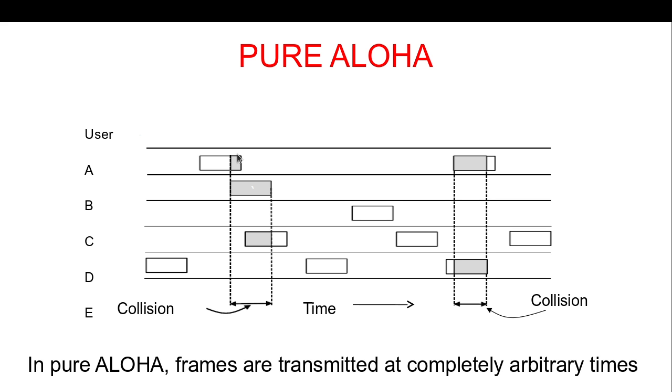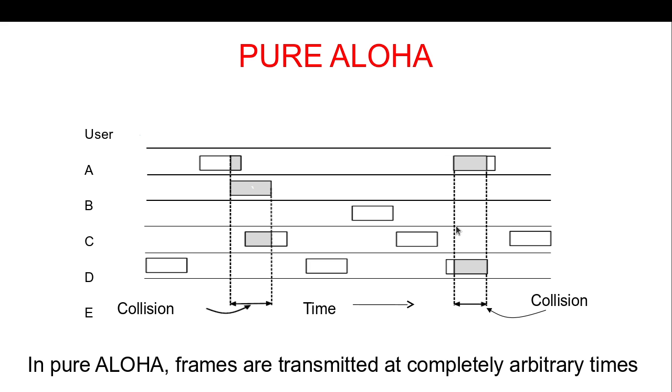Only the last few bits of A's frame collide with some initial bits of B's frame. Similarly, before B's frame has gone through the channel, C also initiates its own frame just after B starts. That's why a majority of that part will collide with B's frame.